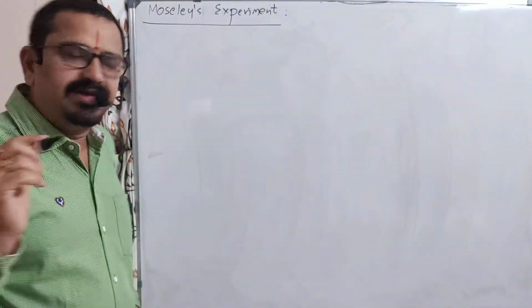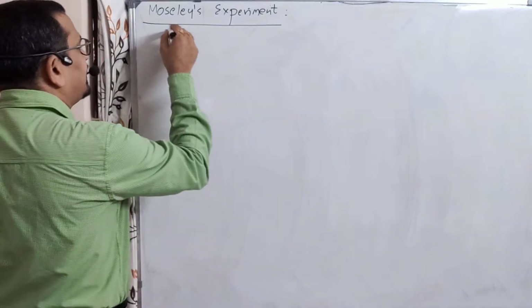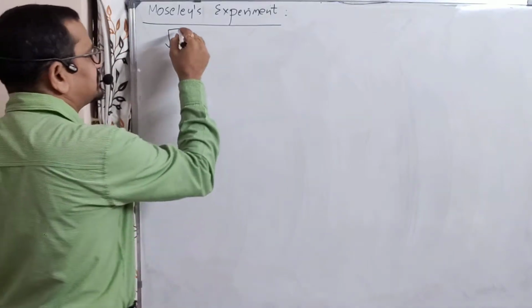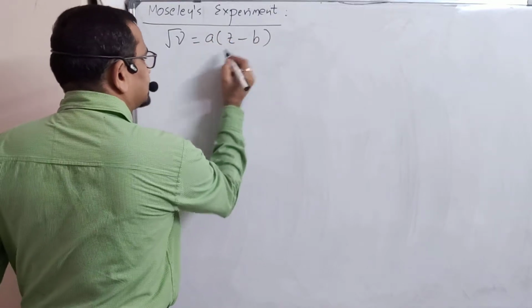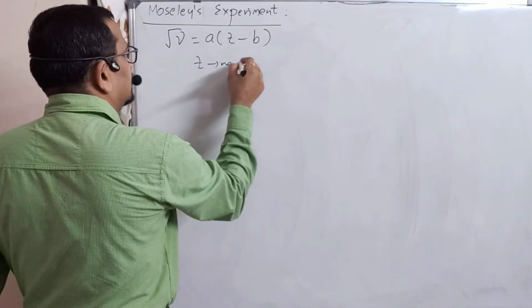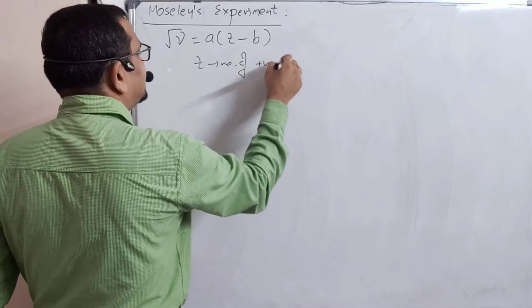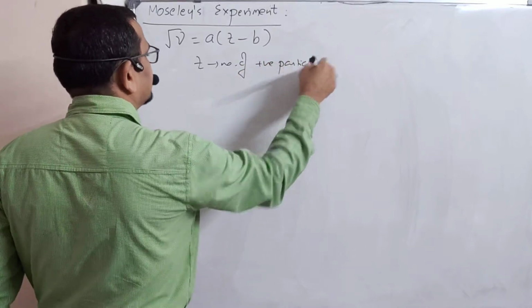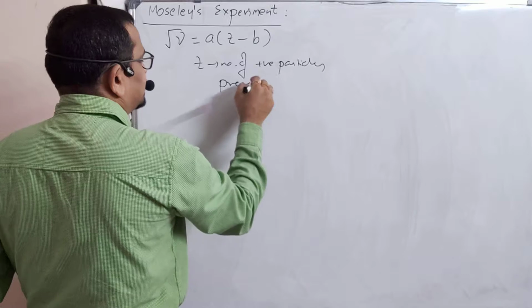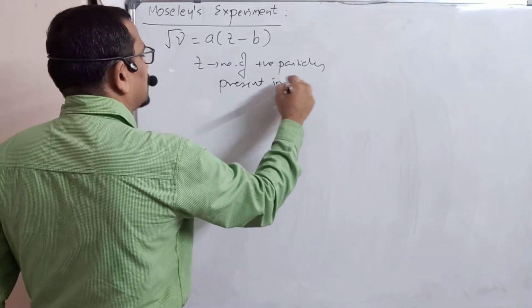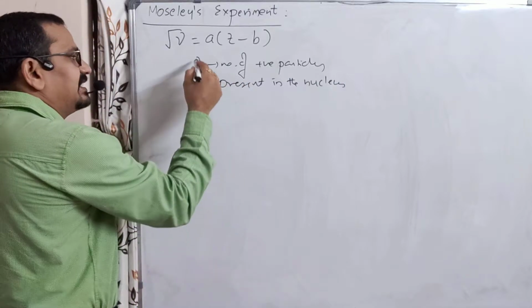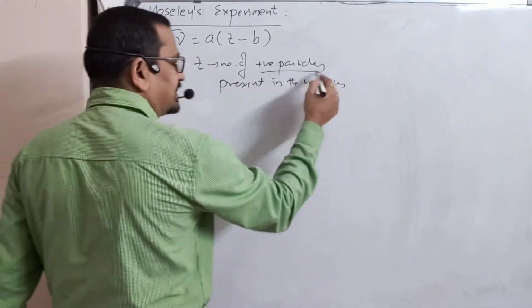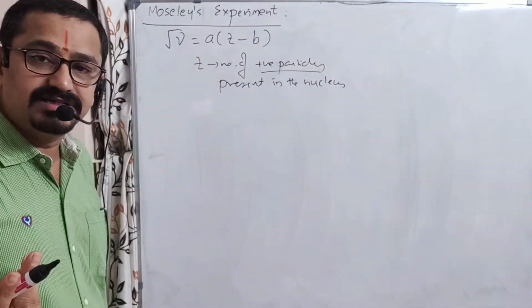Moseley developed a mathematical relation between the square root of the frequency of X-rays and Z, where Z stands for the number of positive particles present in the nucleus of an atom. What are the positive particles present in the nucleus of an atom?